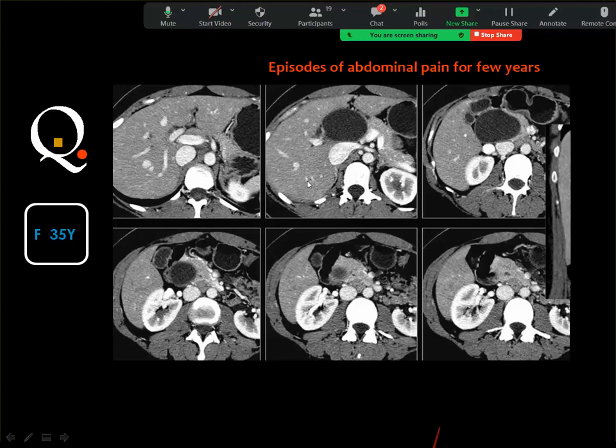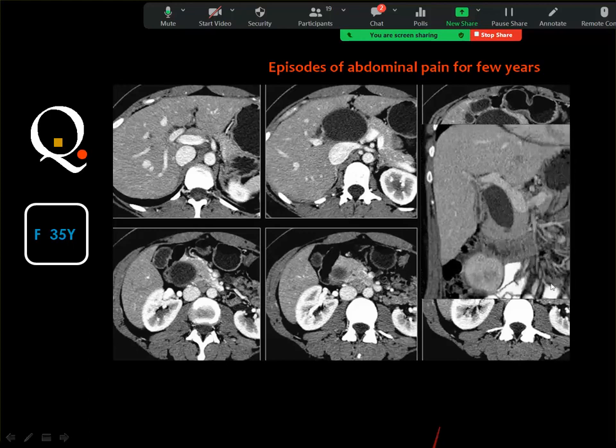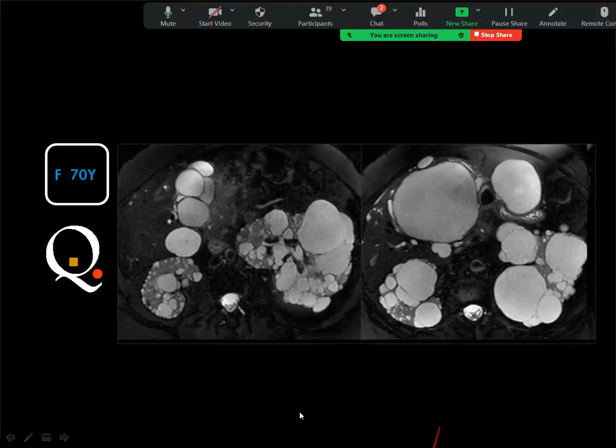And if you look at the coronal reformatted image, you can see this appearance. This is characteristic of a choledochal cyst. Yes, and this is choledochal cyst type 1, where you go to the end of the common bile duct. Next case.